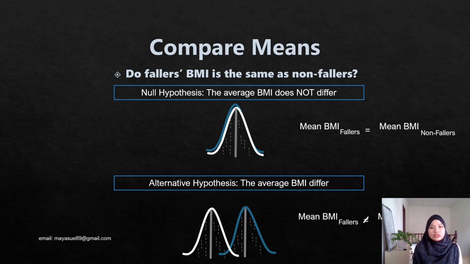Okay, so our null hypothesis is that the average BMI does not differ. So usually the null hypothesis is always neutral, does not differ. But the alternative hypothesis, the average BMI differs. Okay, so mean BMI of fallers is not equal to mean BMI of non-fallers. Okay, so this is the distribution.